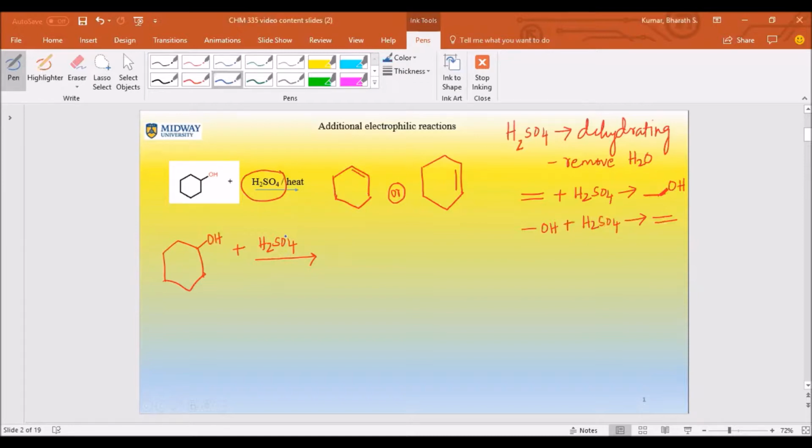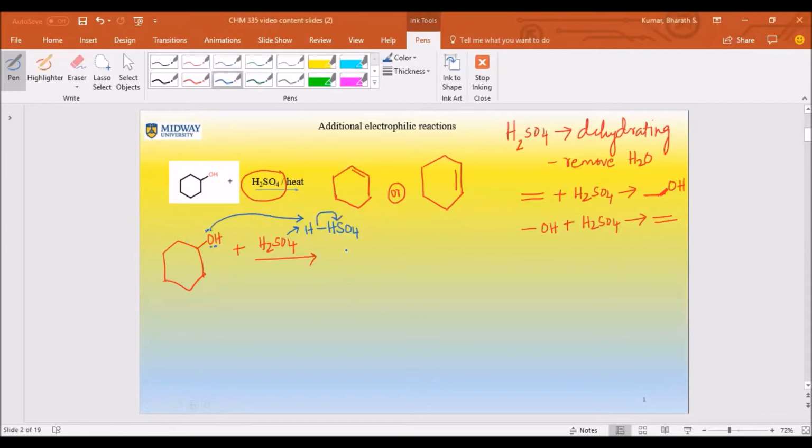So I'm going to rewrite this as H and HSO4. Now the lone pair on the oxygen is going to react with the hydrogen and grab it, and in the process cleave this HSO4.